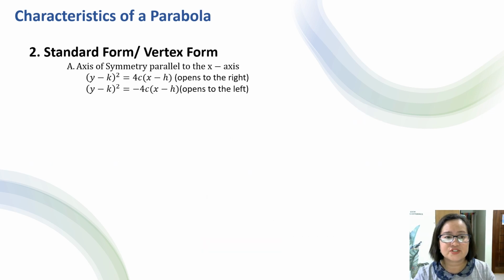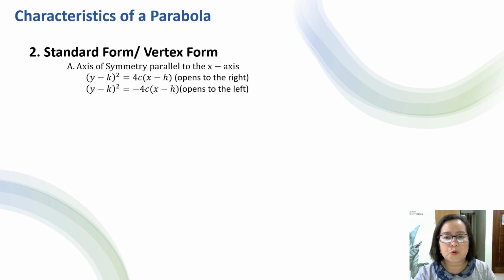Let us proceed to the second form of an equation of a parabola, the standard form or the vertex form of an equation of a parabola. Let us first consider a parabola with axis of symmetry parallel to the x-axis. As we have discussed a while ago, when the axis of symmetry is parallel to the x-axis, the parabola opens sideways.